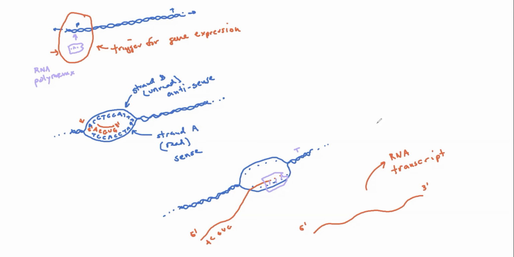Now, once you get the RNA transcript, okay, this could do a couple of things. If it's going to become a messenger RNA molecule, if it's going to carry a message that's going to ultimately give rise to a protein gene product, it has to undergo RNA editing in the nucleus before it eventually becomes an mRNA.